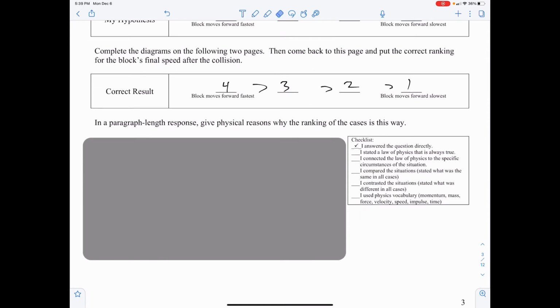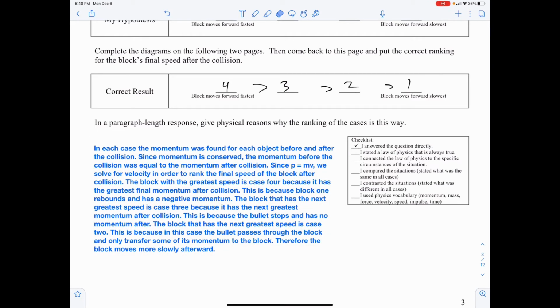So our paragraph length response really just summarizes all this. In each case, the momentum was found for each object before and after the collision. Since momentum is conserved, the momentum before the collision was equal to the momentum after the collision. Since p equals mv, we solve for velocity in order to rank the final speed of the block after collision. The block with the greatest speed is case 4 because it has the greatest final momentum after collision.